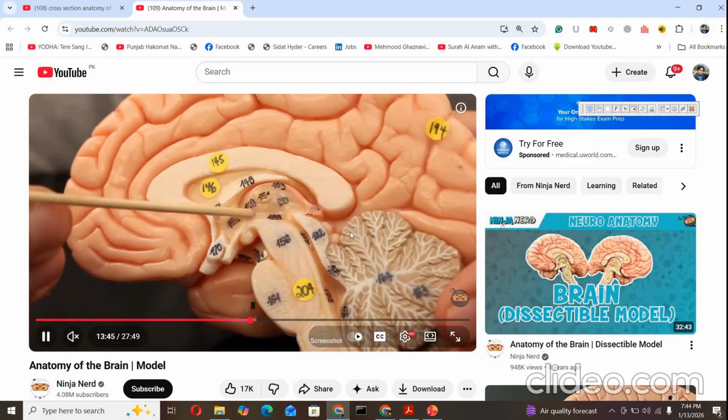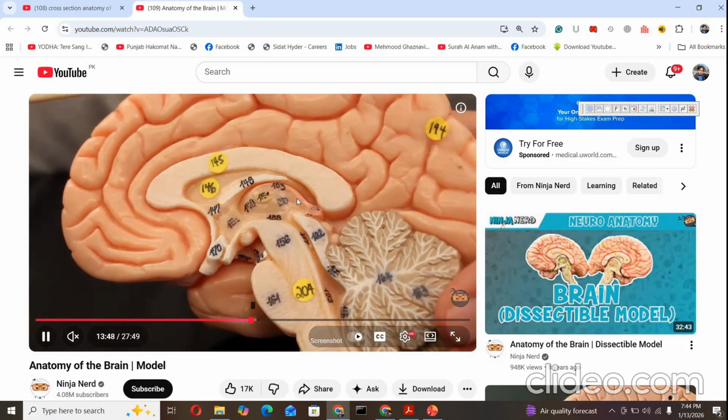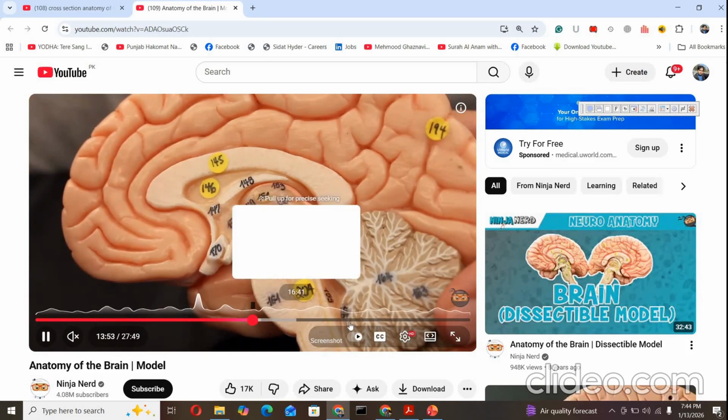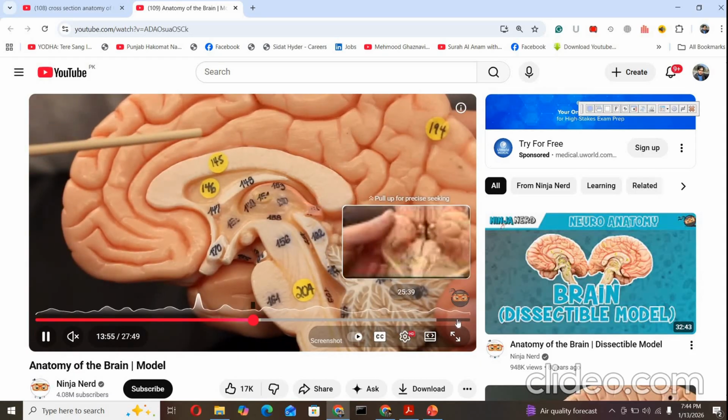It is the cross-section structure of the brain, the dividing of the brain into the two parts and the structures within it.